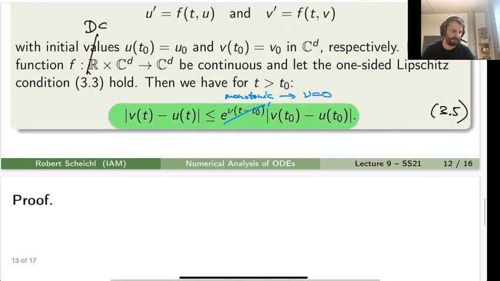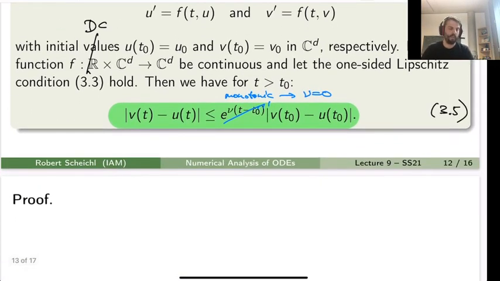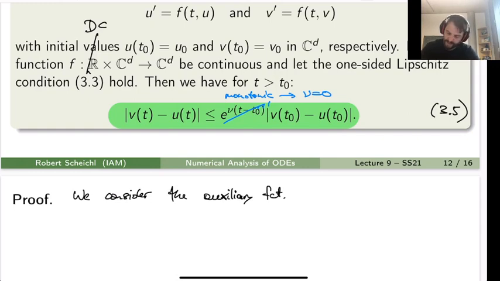So in order to prove this based on the one-sided Lipschitz condition, we consider an auxiliary function, m(t), being the modulus of v(t) minus u(t) squared.